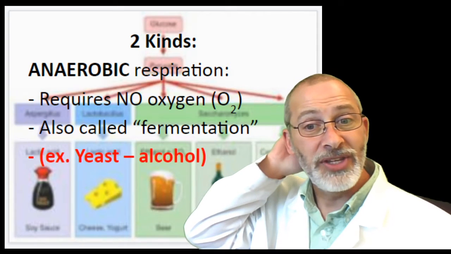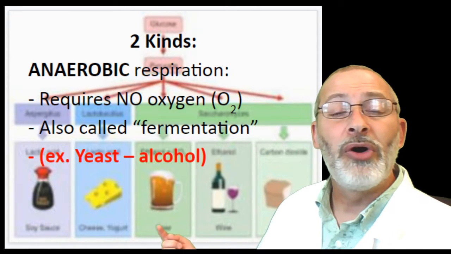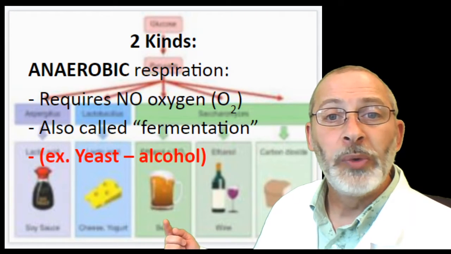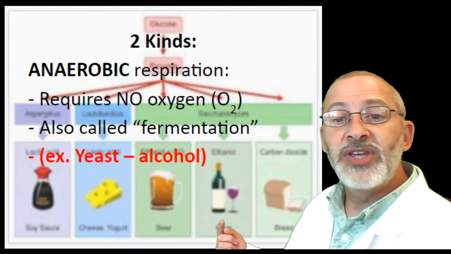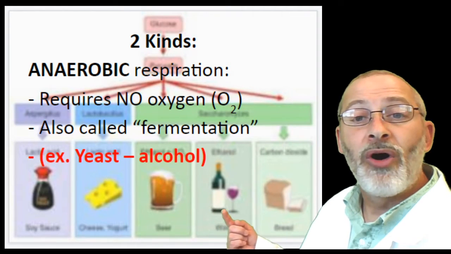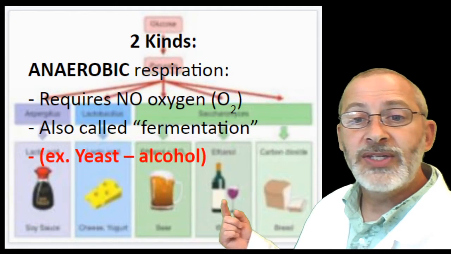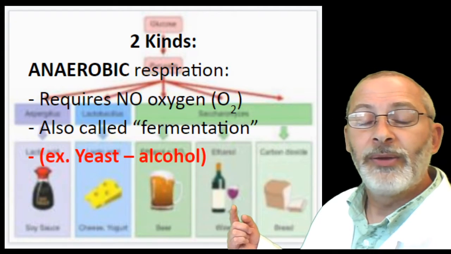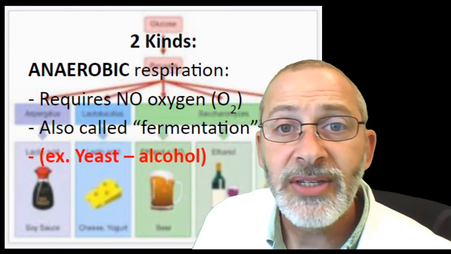Different kinds of yeast and different kinds of food will produce either alcohol in the form of beer when you're using grain to feed the yeast, or if you're using fruit to feed the yeast, then the alcohol is used to make wine. But in both cases, beer, wine, they are essentially yeast pee.